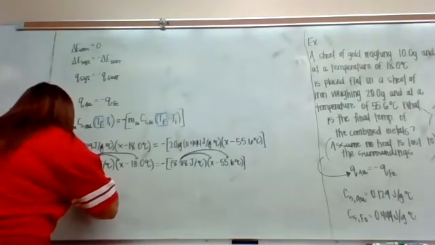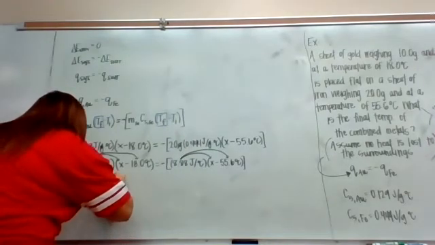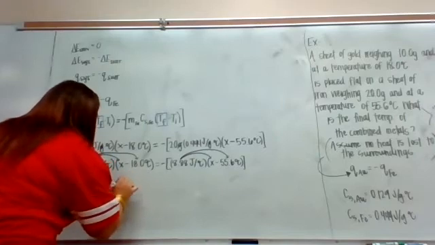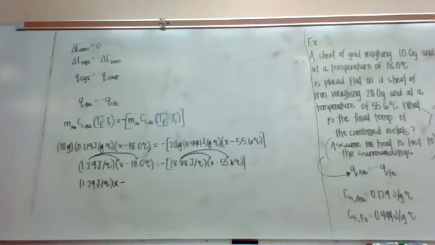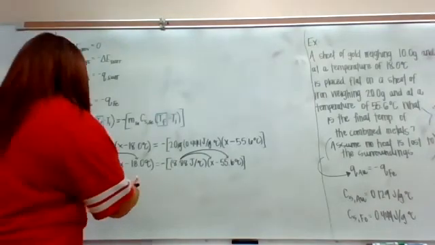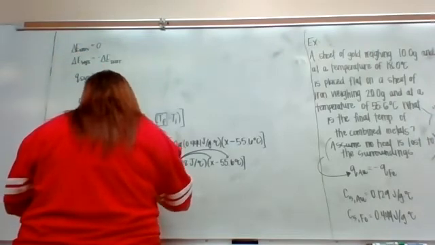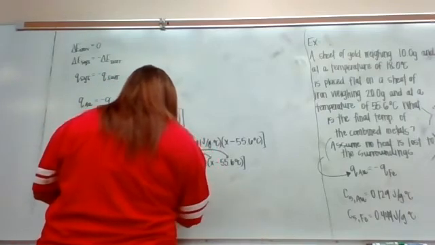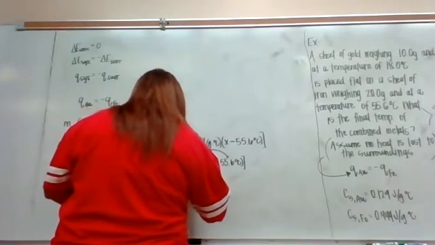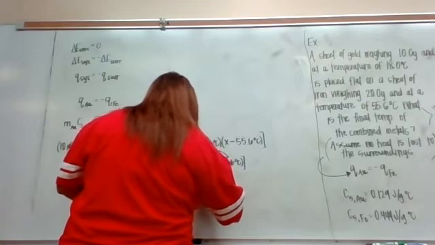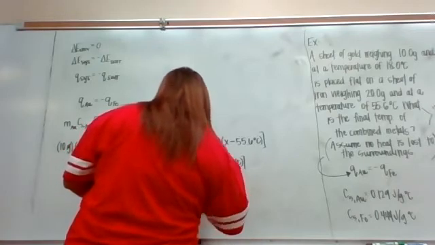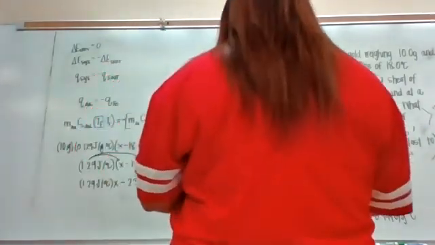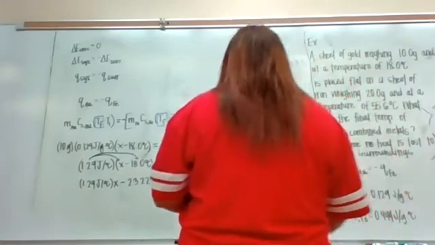So this becomes 1.29 joules X minus... I'm also distributing my negative on the right side.